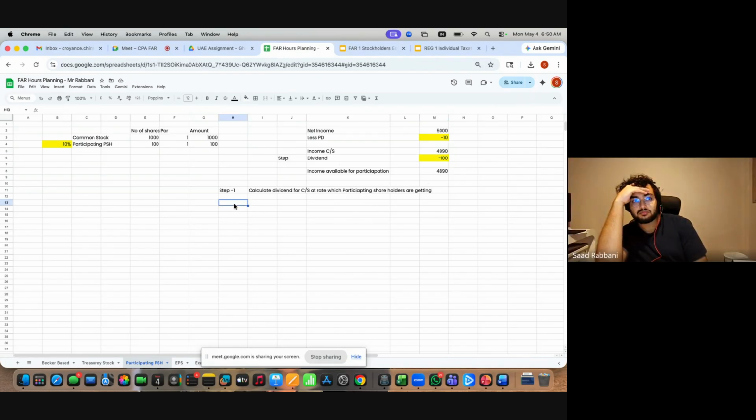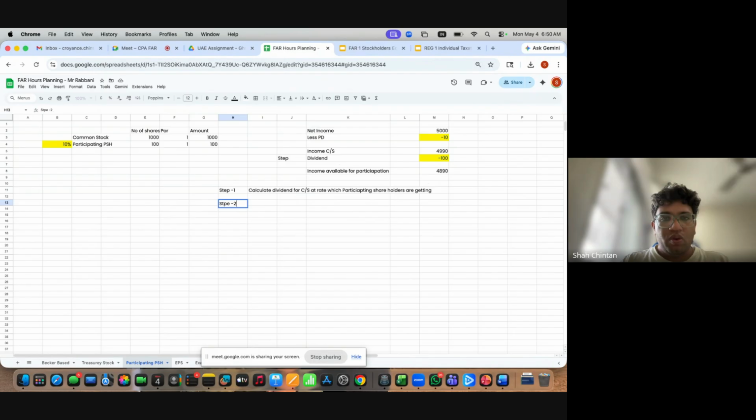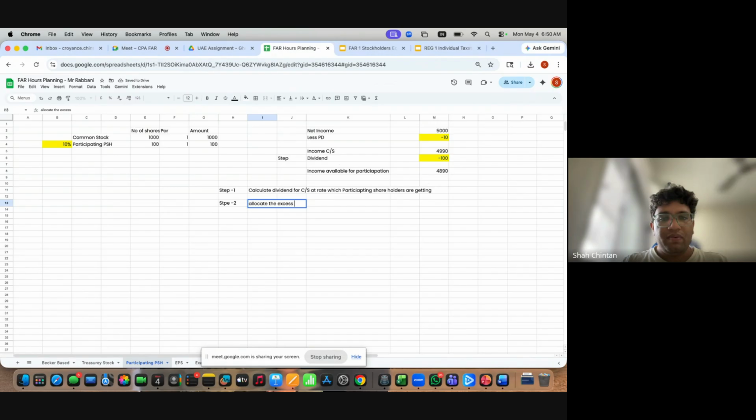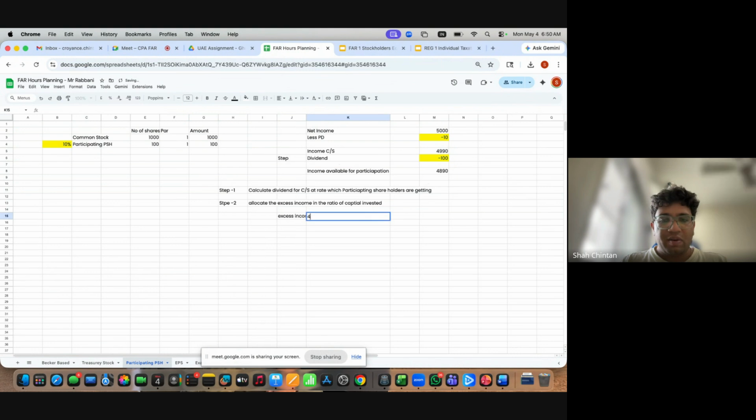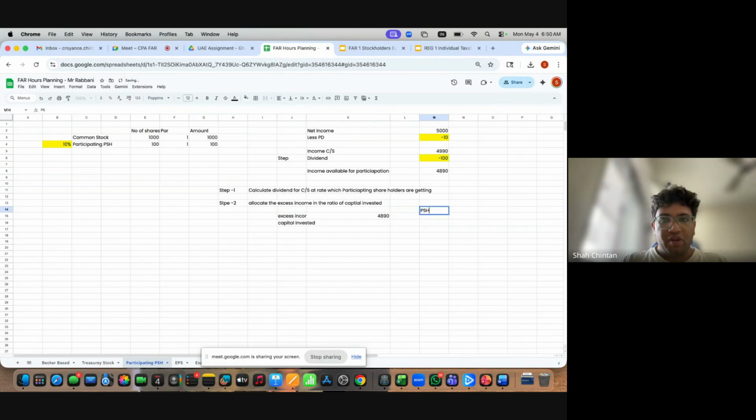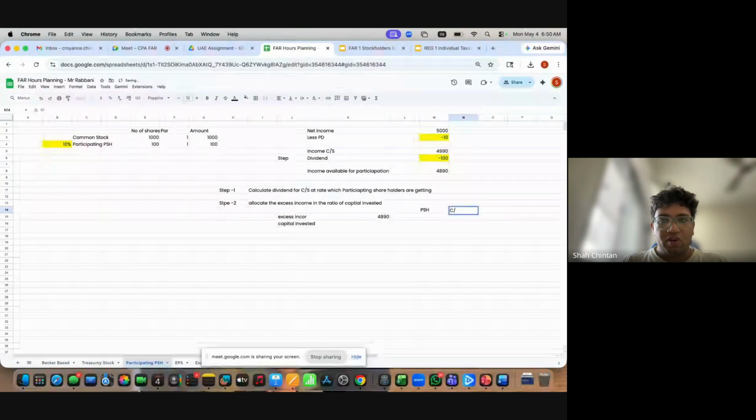Yes. Step number 2, allocate the excess income in the ratio of capital invested. So what is your excess income? Your excess income is 4890. What is the capital invested? You have a preference shareholder and you have common stockholders.